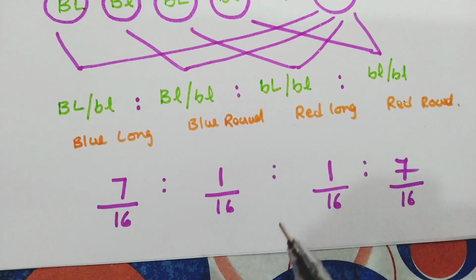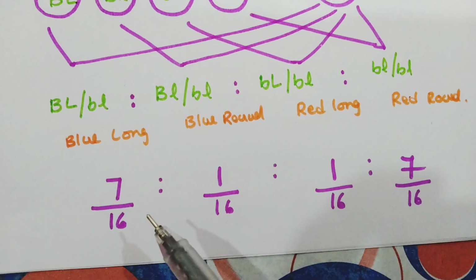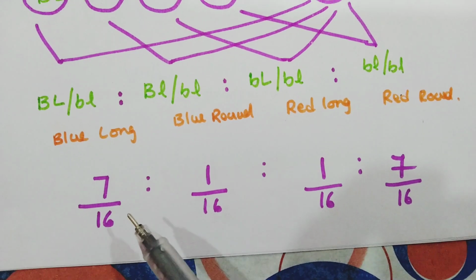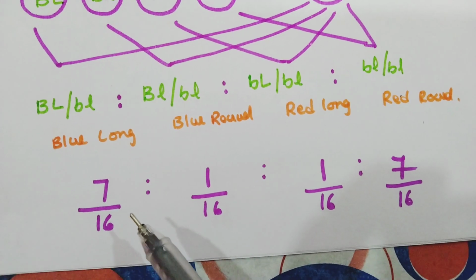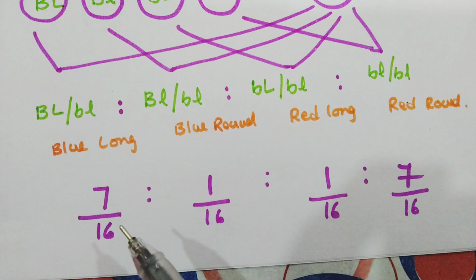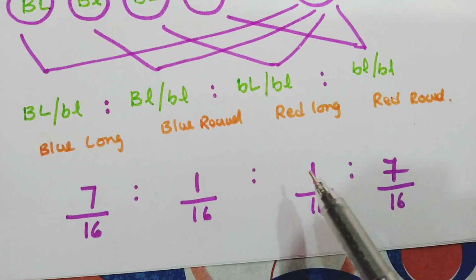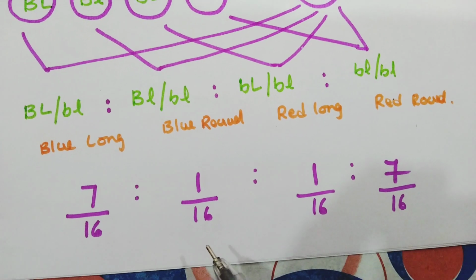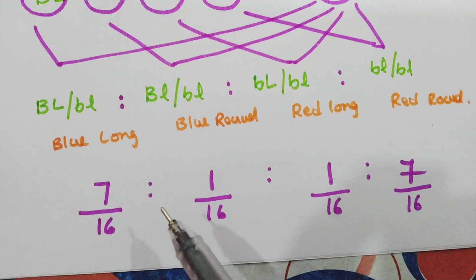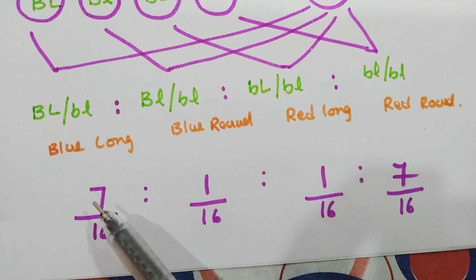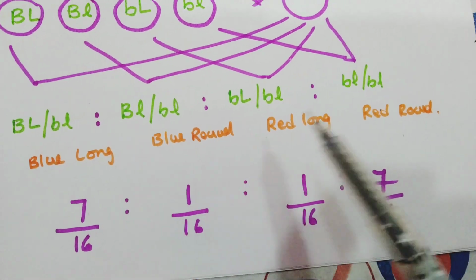But here the situation is different. Instead of a 1:1:1:1 ratio, we got a 7:1:1:7 ratio. Have a look. Why are we getting a larger number of parental combinations?